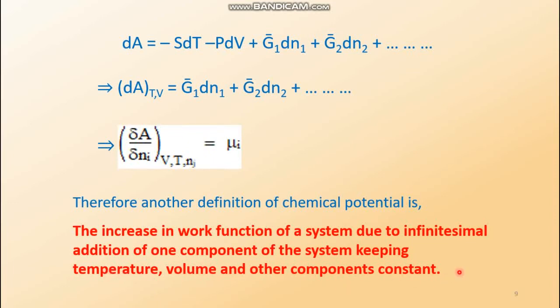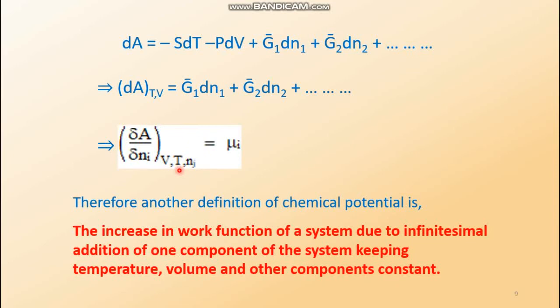So let us differentiate this expression from partial molar Helmholtz free energy. In partial molar Helmholtz free energy, that means AI bar, you will find that the pressure and temperature were constant, but here in the chemical potential, the volume and temperature remain constant. So that is the difference between partial molar Helmholtz free energy and chemical potential in terms of Helmholtz free energy.